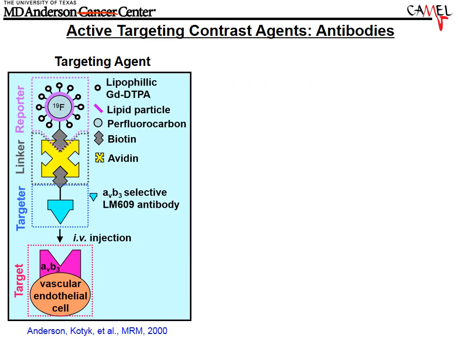But of course, we like to think of active targeting. Here is, I think, one of the first examples ever published. There are a couple right around 1999 and 2000 that appeared back to back. So one of the pioneering studies performed by John Kodak and Stacia Anderson and colleagues, where they had a rather complex system with F19 and gadolinium DTPA for MR imaging via fluorine or T1 weighting, attached to a biotin avidin system for ease of labeling to an antibody that targeted alpha V beta 3 on the vascular endothelial cell.